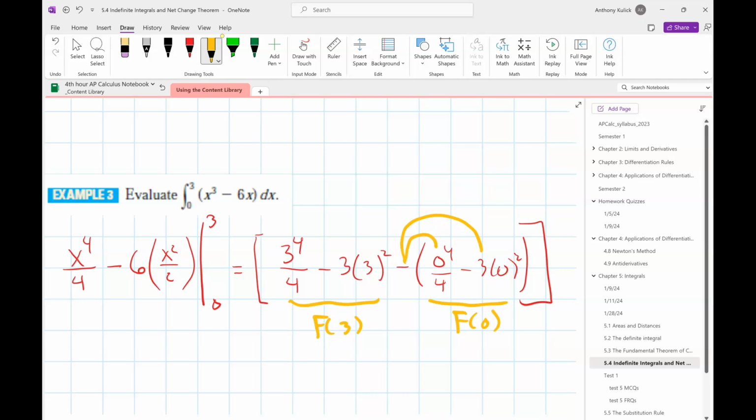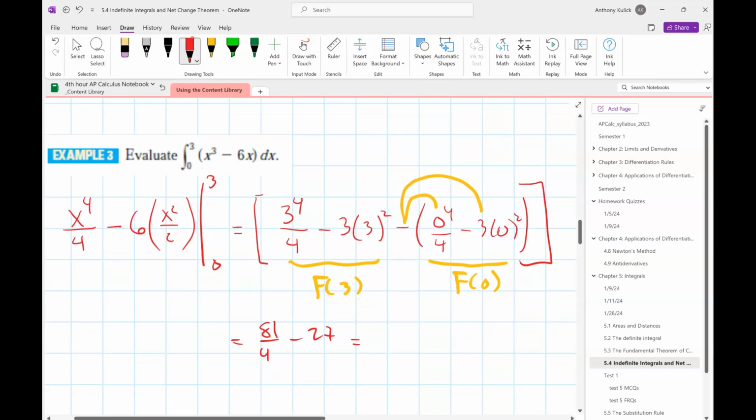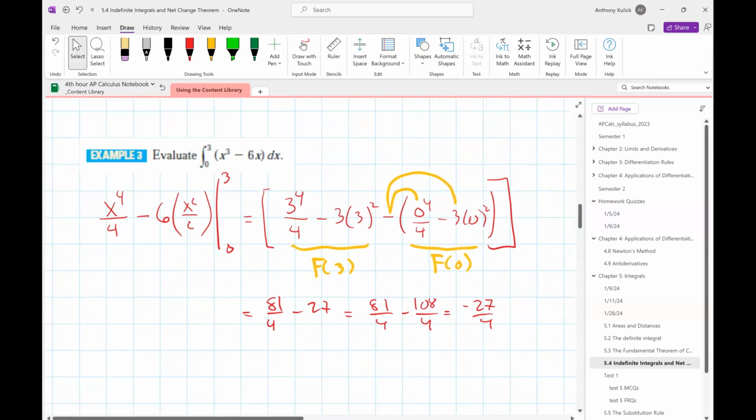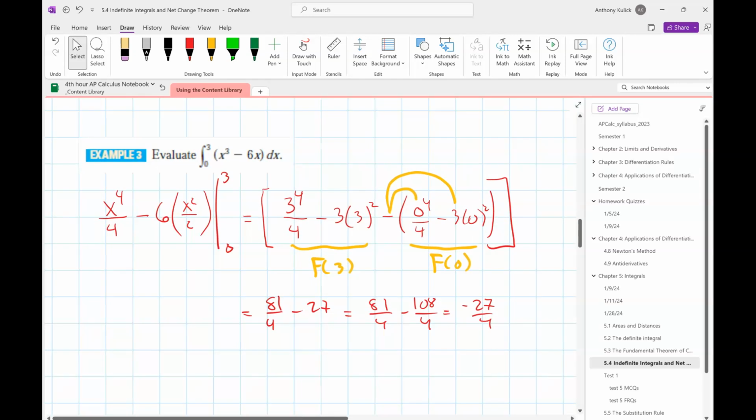So there's not really any big deal here. So what do we have? We have 81 over 4 minus 27. If I make a common denominator, that's going to be 108 over 4. And so that's going to be negative 27 over 4. Is everybody okay with what I did there?